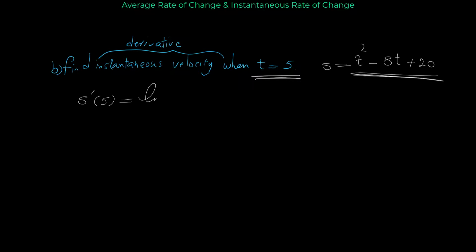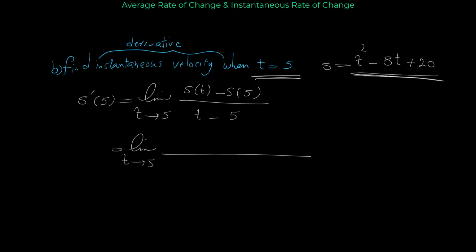Based on that formula, this would be limit of, not x, the variable here is t, t approaches 5, of s of t minus s of 5 over t minus 5. We have a limit, t approaches 5. S of t is this.